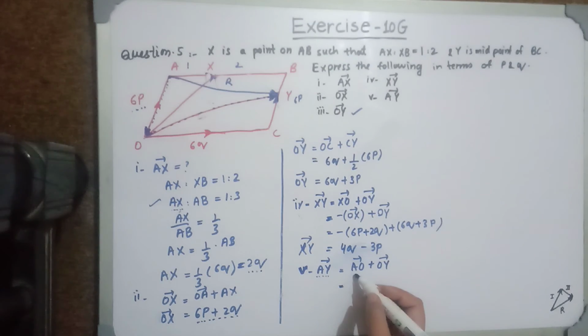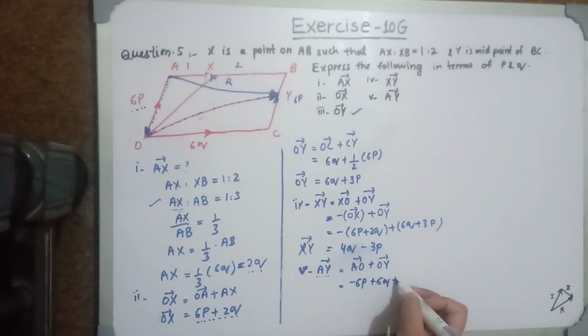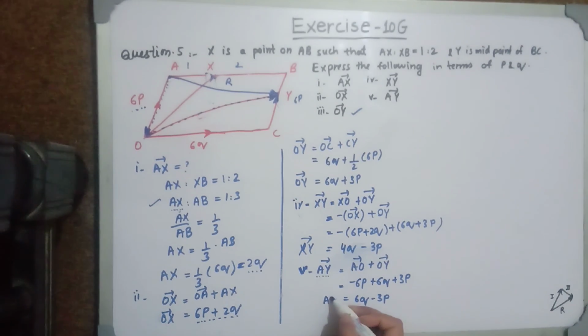So I'm going to take AO as the negative of OA, which will be minus 6P, because OA is equal to 6P, plus OY, which is 6Q plus 3P, right? Now on simplifying it, I will get 6Q minus 3P, which is AY. And that's all. Thank you.